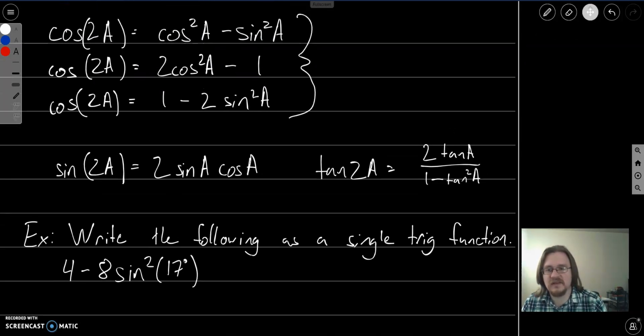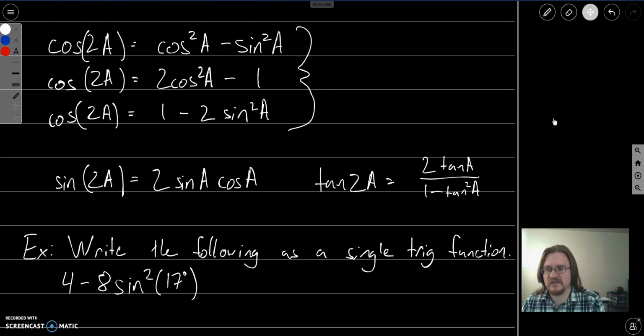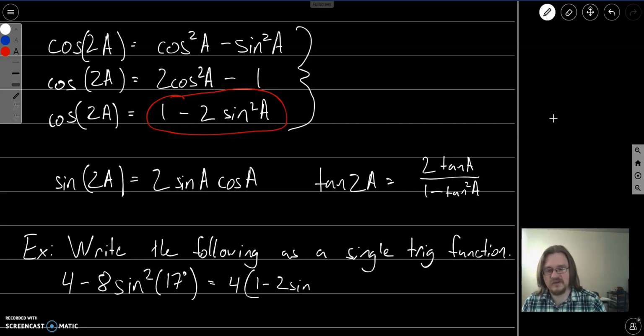That reminds me of this guy. Those look the same, so let's make it look even more the same. I can pull a 4 out. And now I've got 1 minus 2 sine squared of 17 degrees.